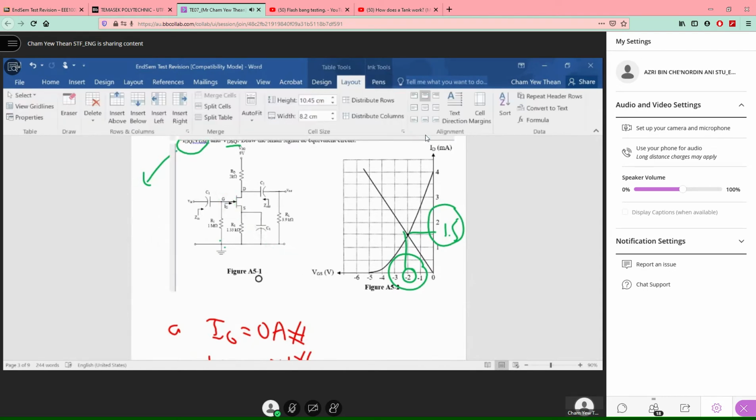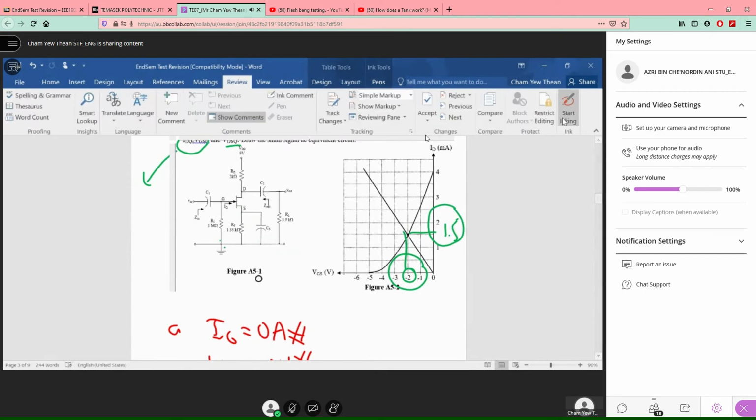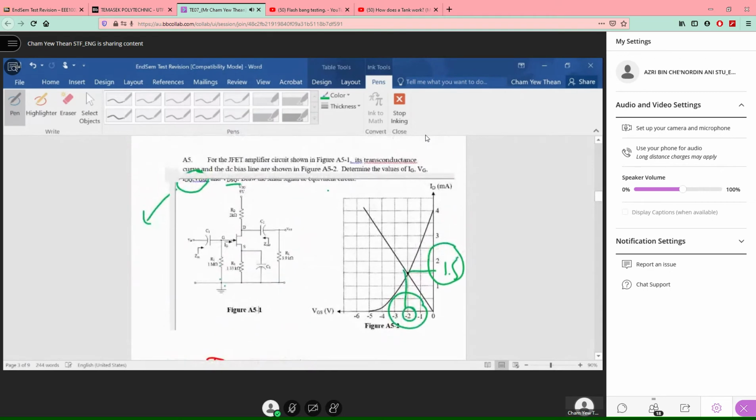How to do VDSQ? V 5 volt minus 1.5 mA, then the resistor. Yeah, so basically, you take the KVL down.